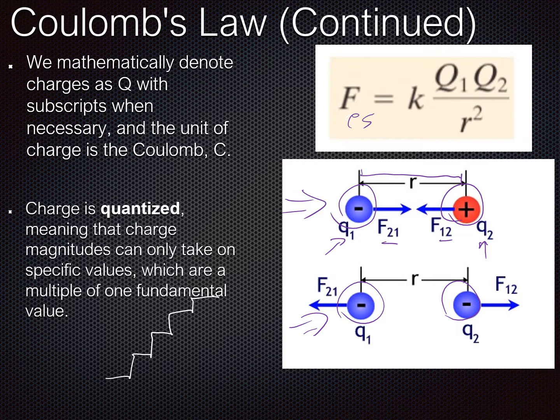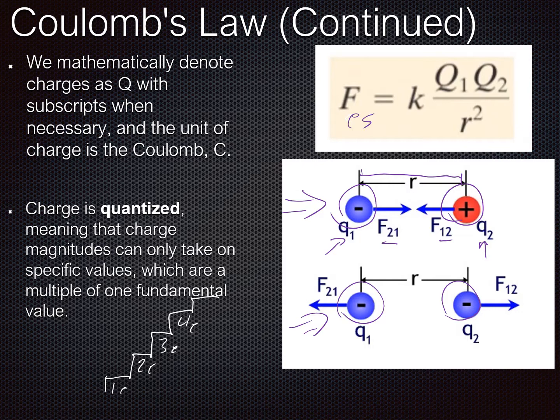So we have what's called the fundamental charge, which is the charge on a single electron, and we can only get multiples of that single charge. We can't get anything in between. So you can have the charge of 1 electron, 2 electrons, 3 electrons, 4 electrons, etc. But it's impossible to get a charge that's 1.5 or 2.3 or 4.8. There's no such thing as a fractional charge on any object, because charge only exists as small as the charge on an electron.